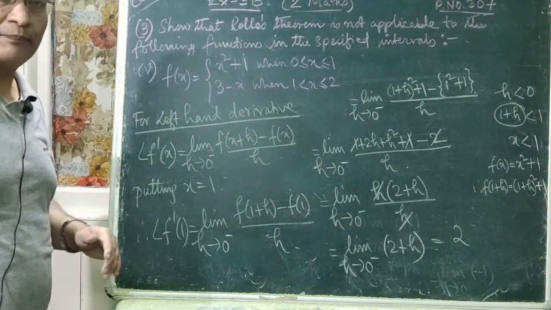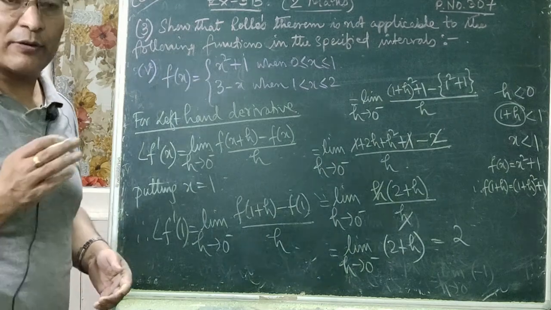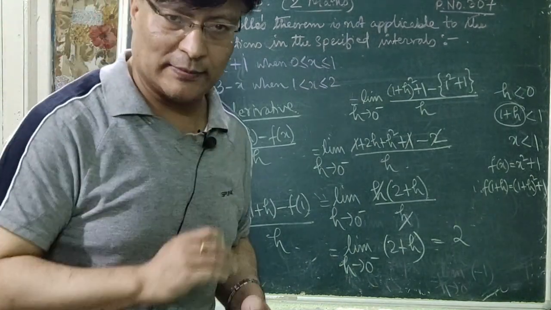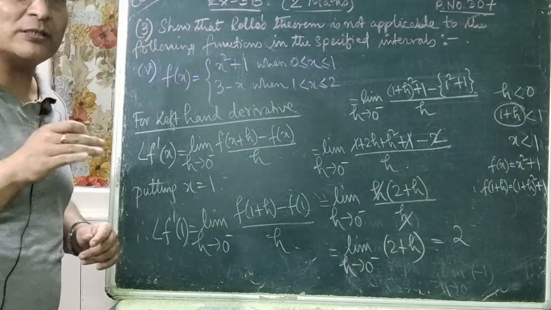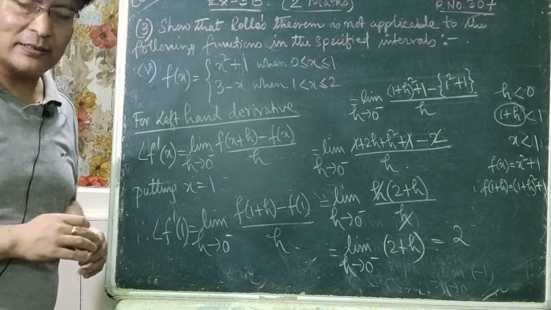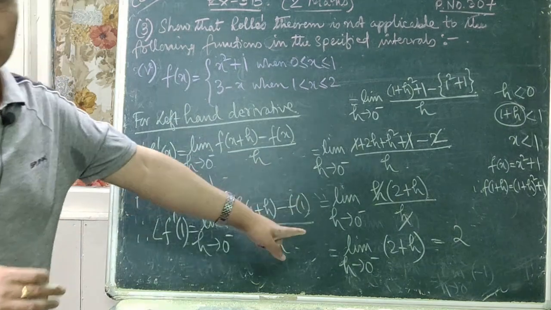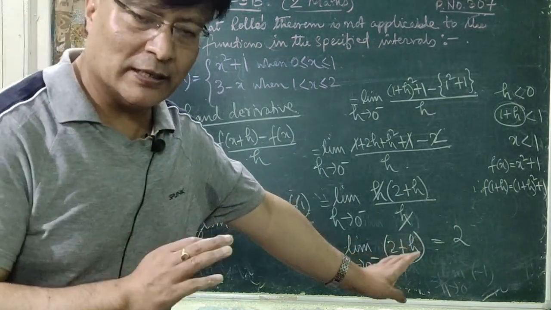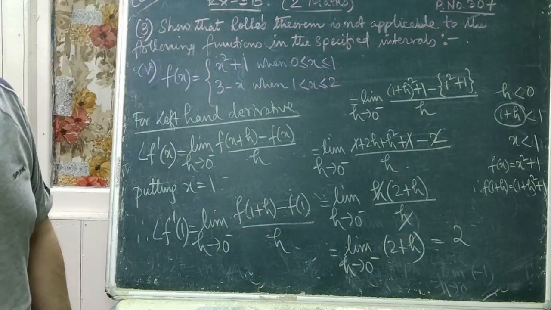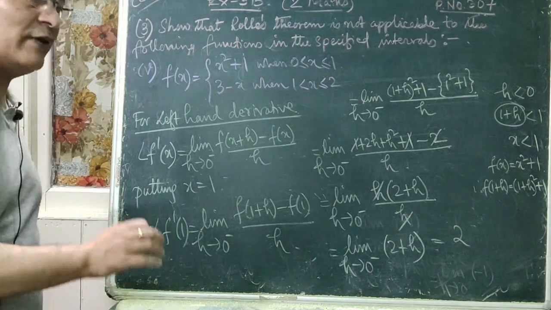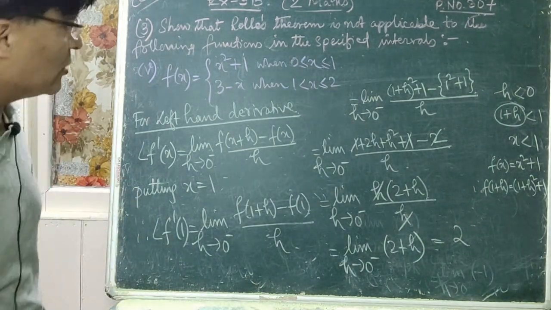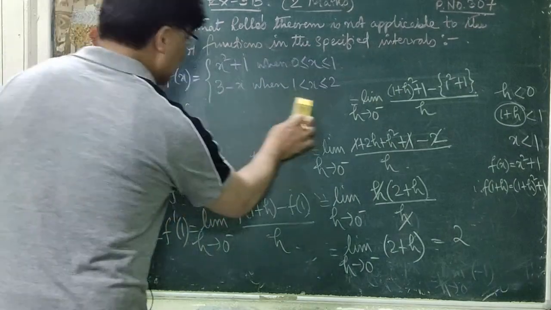So are they equal? So in this case, right hand derivative was minus 1, isn't it? Right hand derivative was minus 1 and left hand derivative here is plus 2. So here right hand derivative not equal to left hand derivative. Therefore the function f of x is not differentiable at x is equal to 1. So let us write it here now.